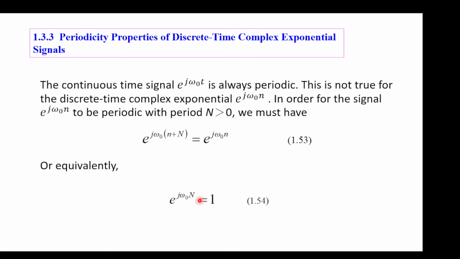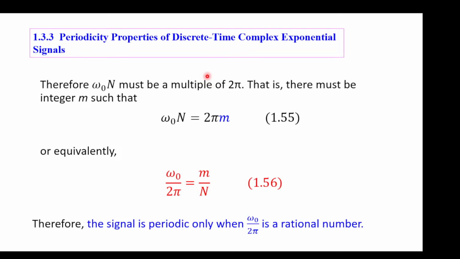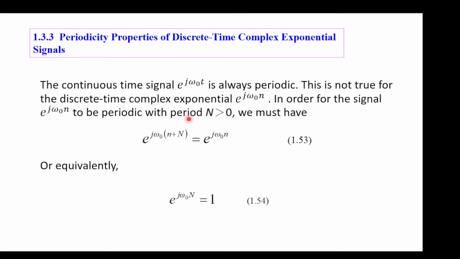That means omega naught N is an integer multiple of 2 pi as usual, so omega naught N equals 2 pi times another integer m. If you move things around, omega naught divided by 2 pi equals m divided by big N. Remember m is an integer, and N is also an integer because the period of a discrete signal must be an integer.